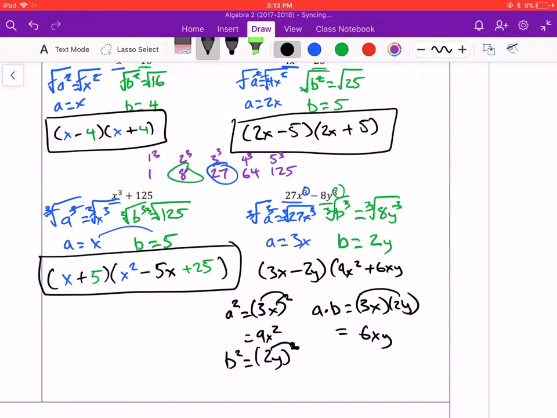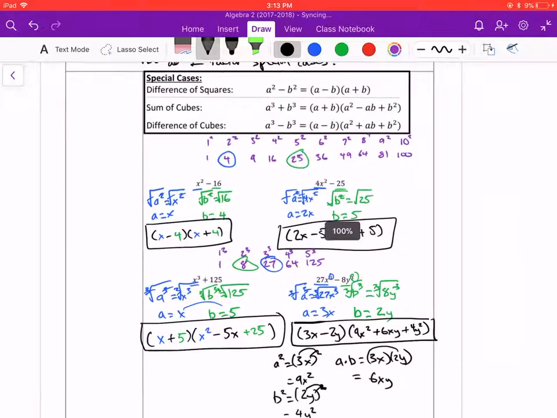Square 2 times 2, 4, and put the 2 on the y, 4y squared. So plus 4y squared. That's your answer. Looks like a lot, but really we're just following the formula and making sure it's clean, simplifying down. And that's it. Thank you.